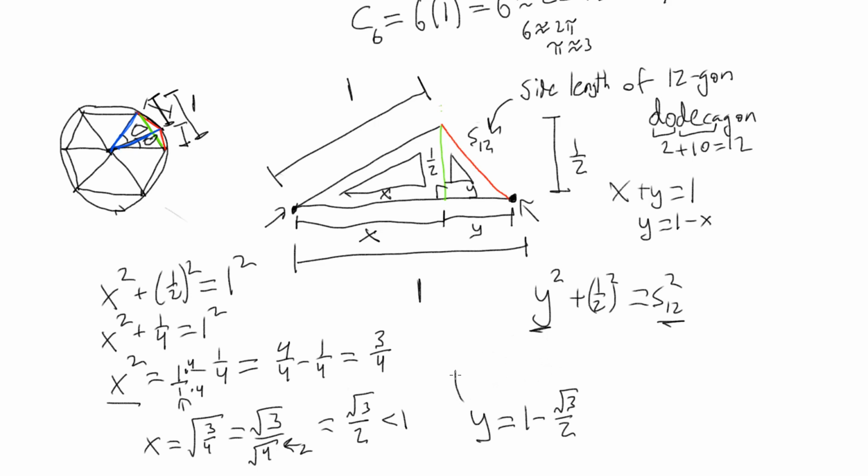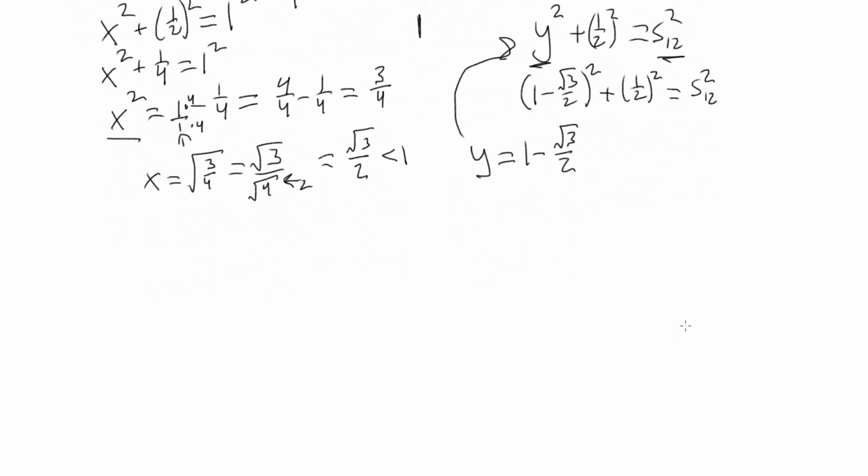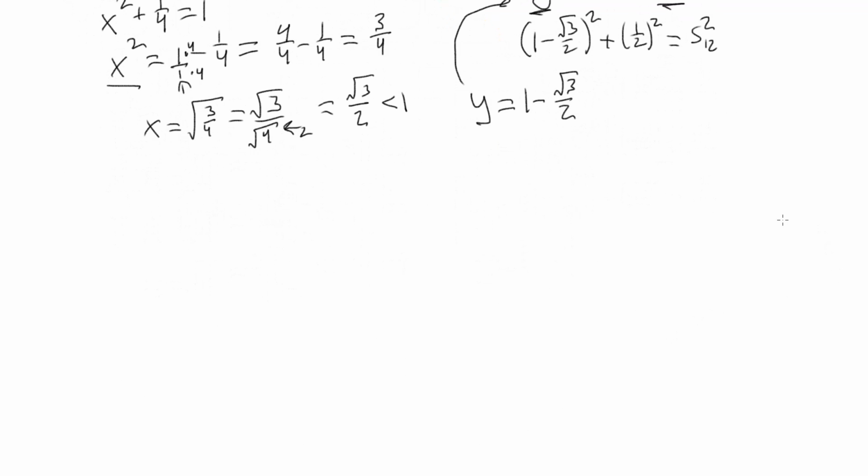So take that, plug it in there, and we get (1 minus square root of 3 over 2) squared plus (1/2) squared is S12 squared. So let's take this, go down, and keep working with it. So what's (1 minus square root of 3 over 2) squared?